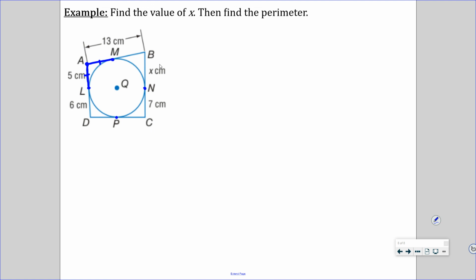So if this is 5, this is also 5. With me? This whole segment is 13. So what's this length? 8. 13 minus 5 is 8. All right, another tangent line that shares the exterior point B is this one. The one with X. Equidistance, X also has to be 8.